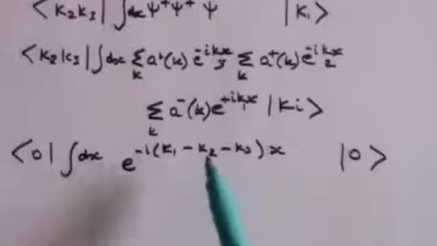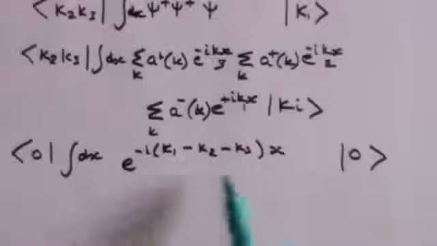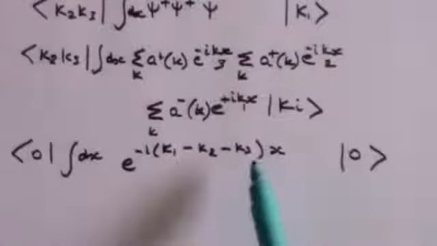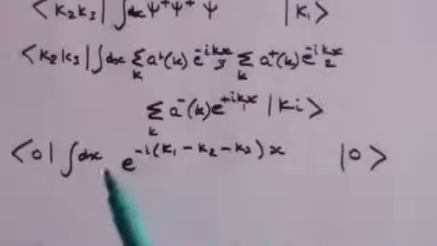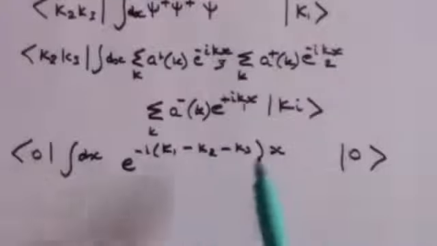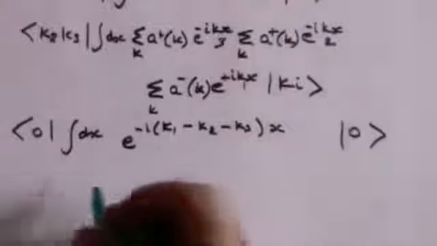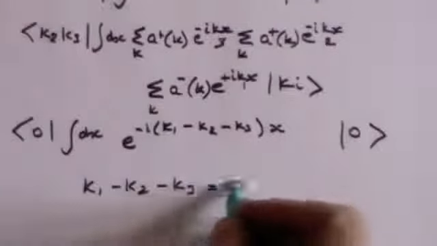But if k1 minus k2 minus k3 does not equal 0, then the integral over a whole wave will be 0, and therefore the whole term just disappears. So this term only has a validity for exactly the same reason as just a few moments ago. If k1 minus k2 minus k3 equals 0.